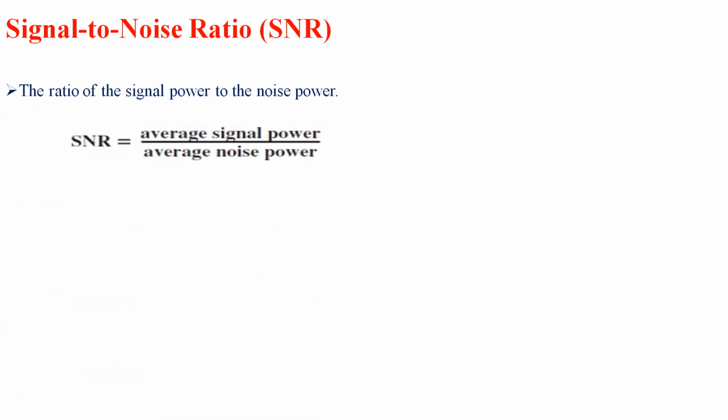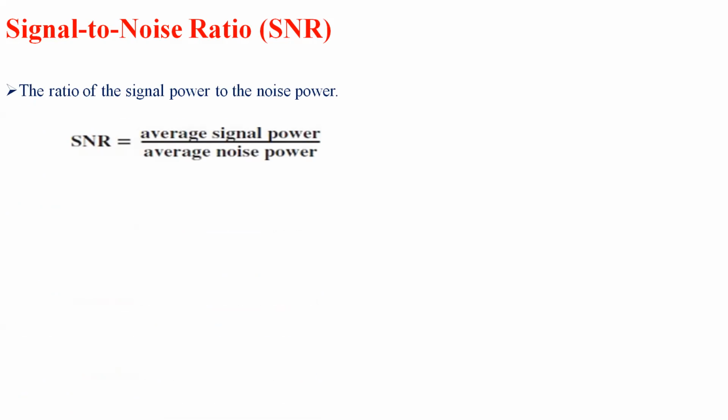It is calculated using the formula average signal power divided by average noise power. We need to consider the average signal power and the average noise power.